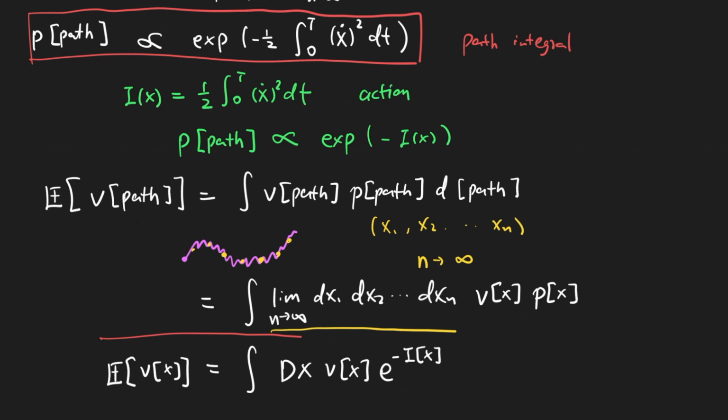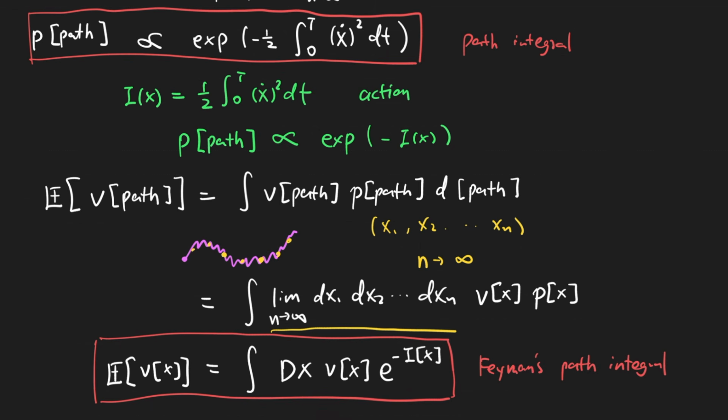Okay, now this is the expression for the path integral of the expectation for v of x. So this basically has the same form as the famous Feynman path integral in quantum mechanics, but that will have a different action function compared to the stochastic process version given by the Brownian motion. Okay, good.